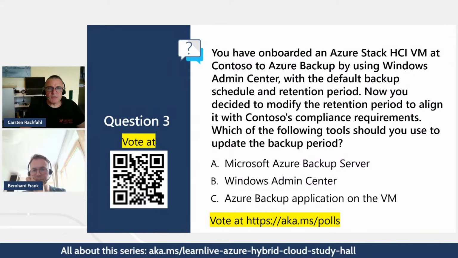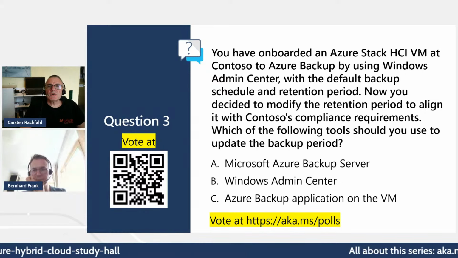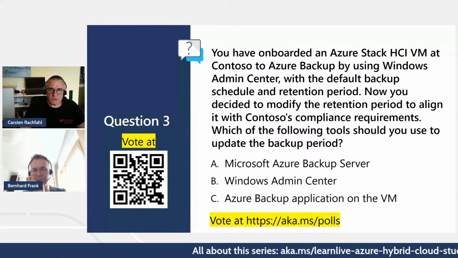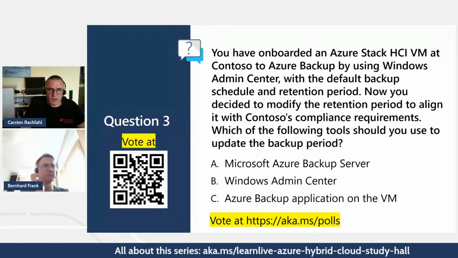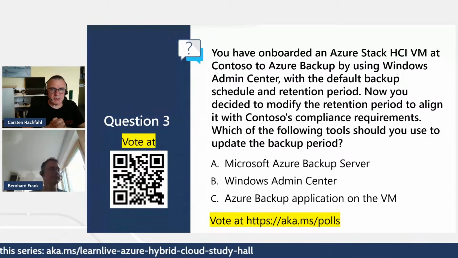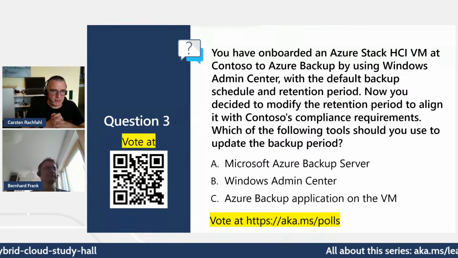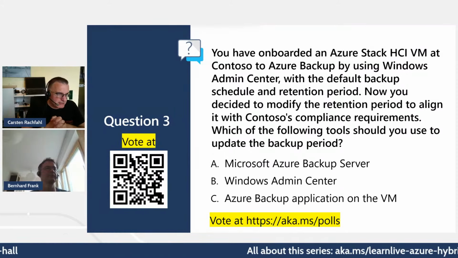What have we done? We have used Windows Admin Center to onboard an Azure Stack HCI VM at Contoso, and we have configured it, and now we want to change the period and the retention policy. So the question is, where can we do that? Can we do it in Admin Center?